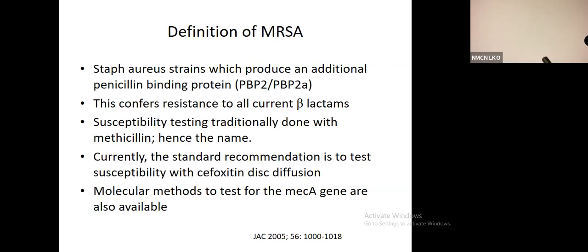The susceptibility testing traditionally was done with penicillin and oxacillin. But in our hospital, somewhere you find that they are saying cefoxitin sensitive or cefoxitin resistant, that means this is an MRSA. Now, of course, they have changed their pattern, they write very clearly this is MRSA. And molecular methods suggest this is the gene that confers this resistance. So those molecular methods are present.